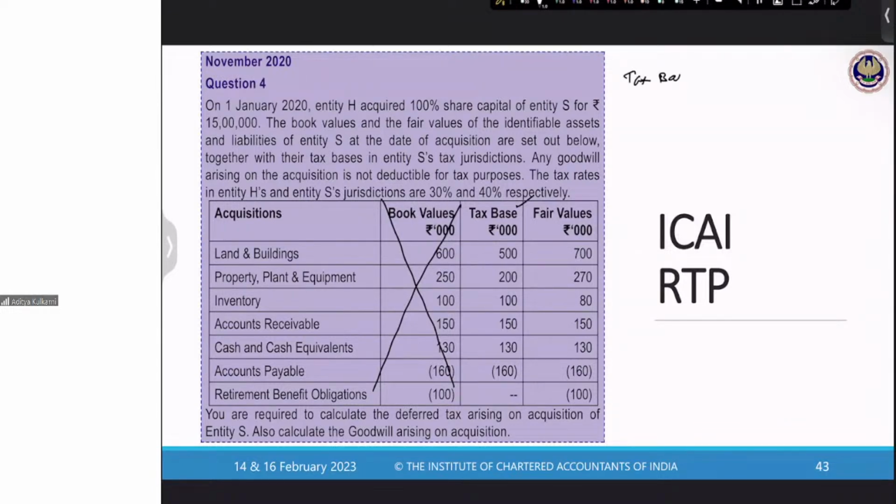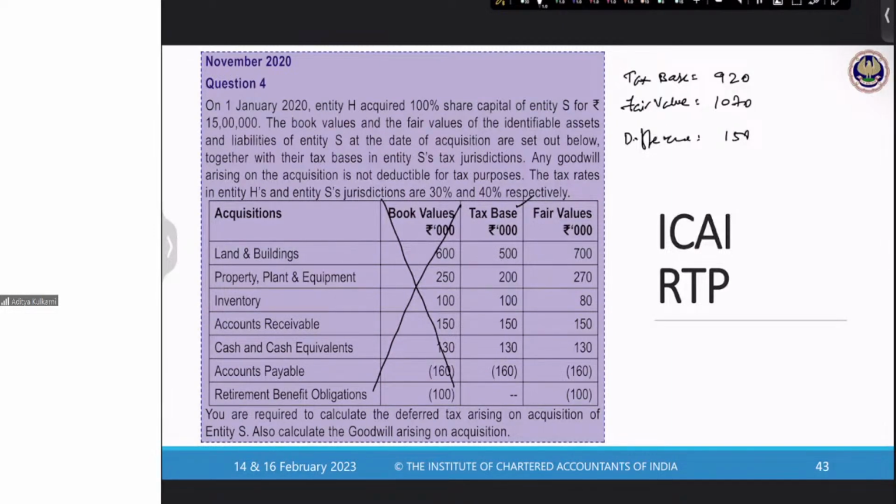So tax base is equal to 920. Fair value is your new carrying amount. So that comes to 1070. So your difference is going to be 920 minus 1070. Your difference is going to be 150.